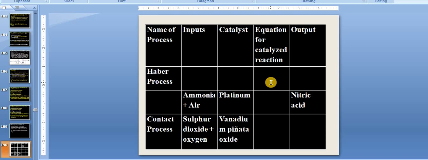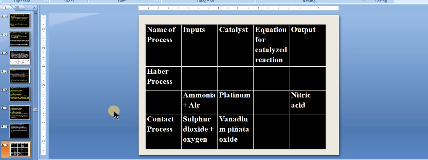Ammonia plus O2 gives NO and water. The first step is ammonia converted to NO. The second step is NO plus O2 gives NO2. The third step is NO2 plus O2 plus water gives HNO3. These are the three steps to prepare nitric acid from ammonia and air.